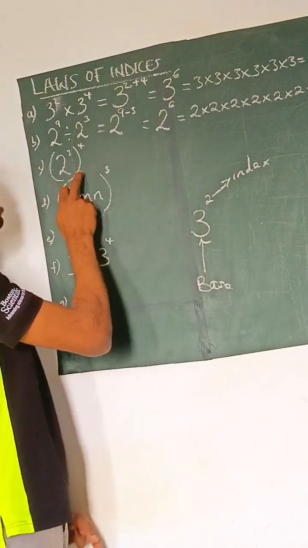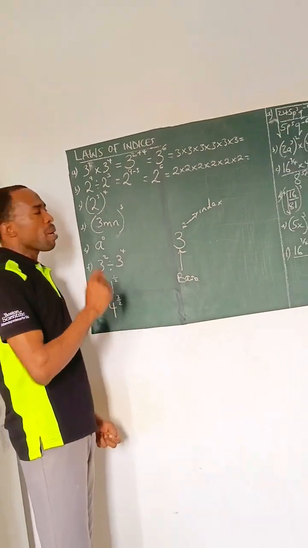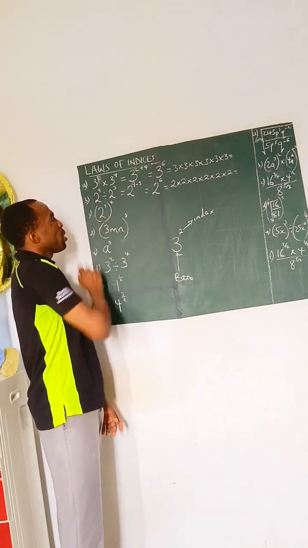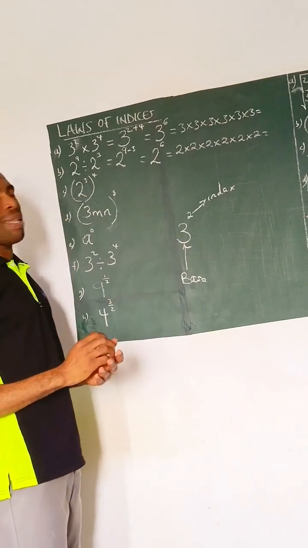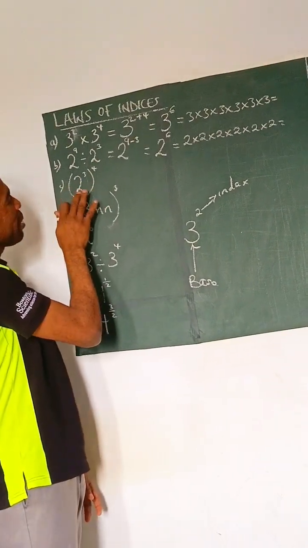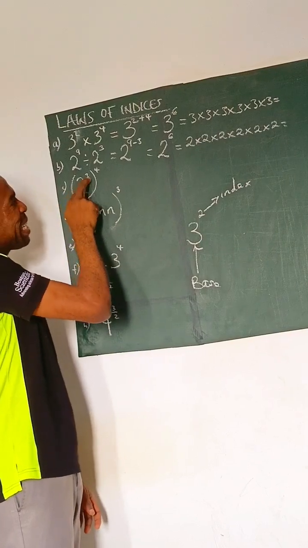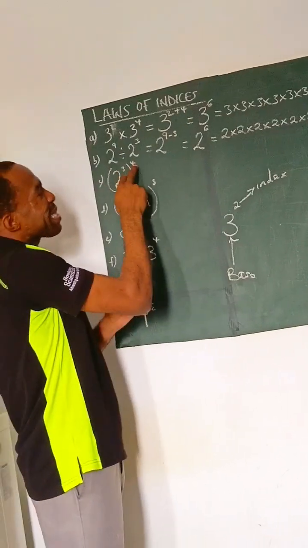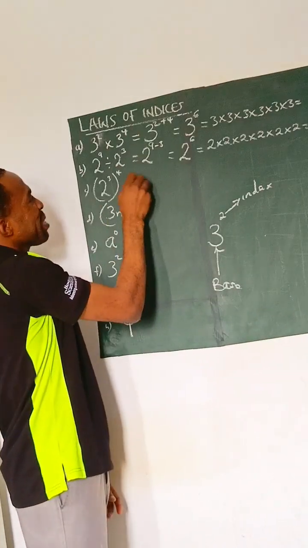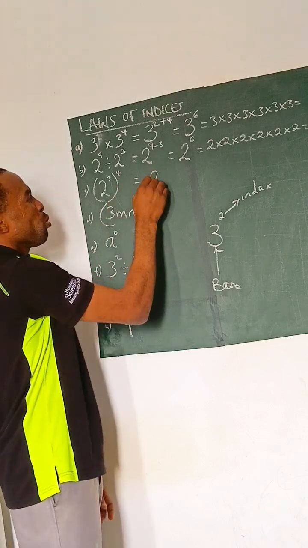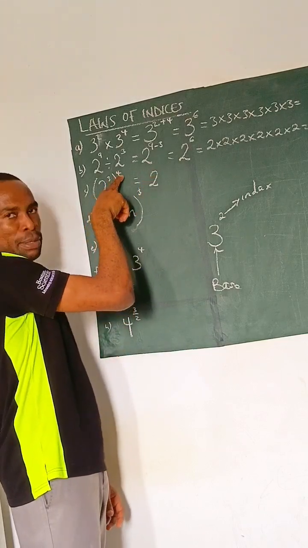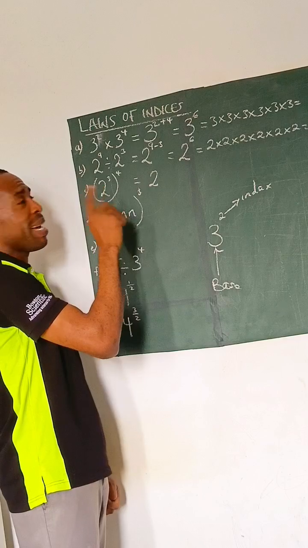And now we call this the product law. This is product law. Okay? Now this law states that when you have a base and then an index raised to a certain index, so this will become 2 raised to power 3 times 4. So the powers multiply themselves.